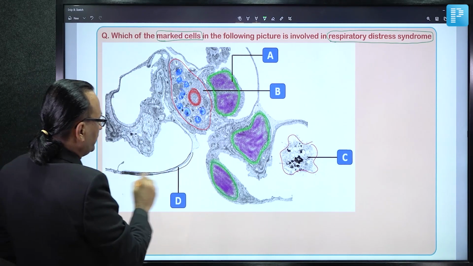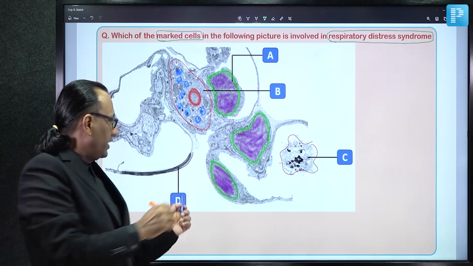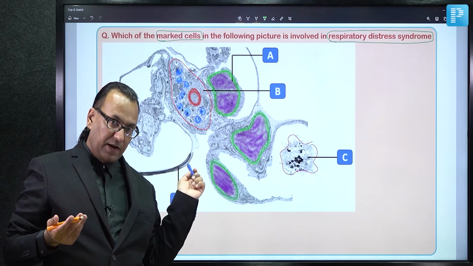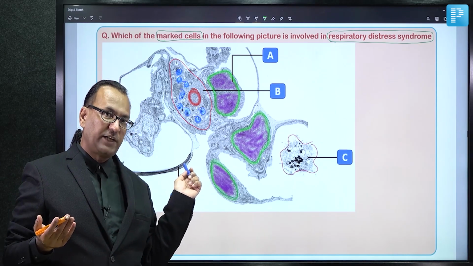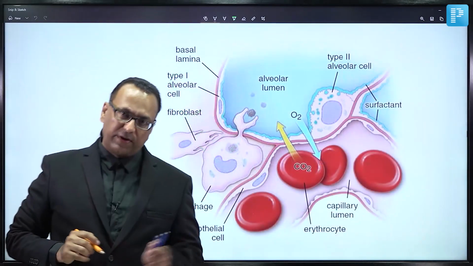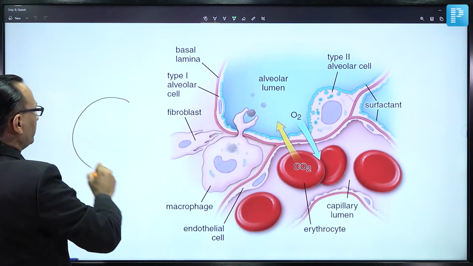The type 1 pneumocyte, which covers most of the surface area in the alveolus. And because of its thin epithelium, it helps in respiratory gaseous exchange, which we can see in the next diagram.